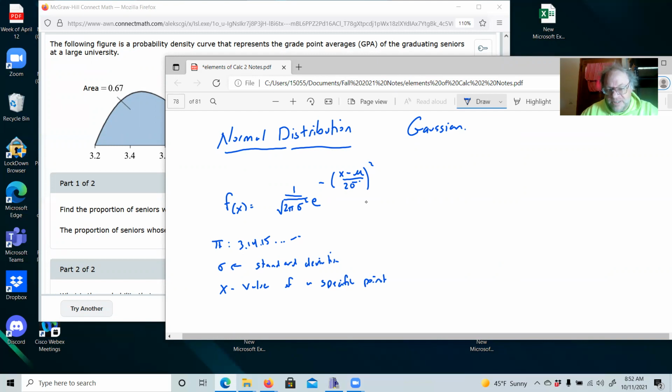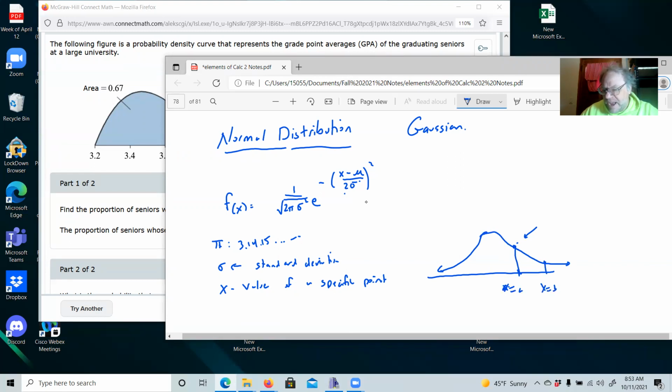Now I said the area underneath the curve at a single point is going to be 0, but this curve, we talked about bell-shaped curves in the beginning of the class, this is the height. If I pick this particular x and plug it into this formula, we're going to get this height, but the area under the curve here is 0. So we would need between x equals a and x equals b.